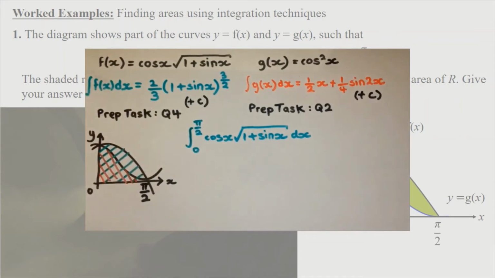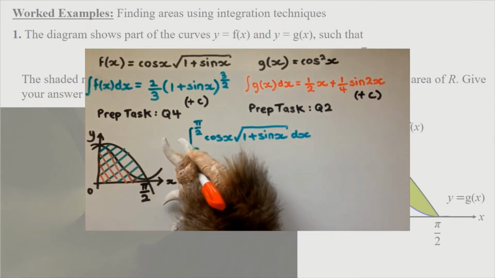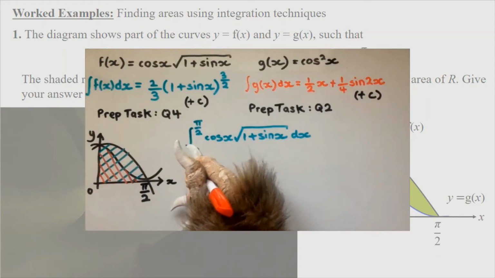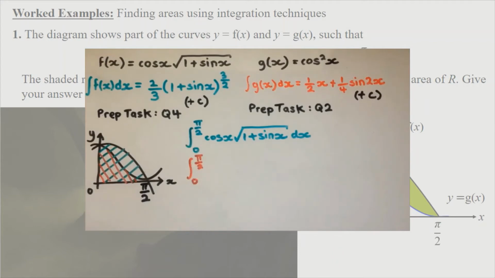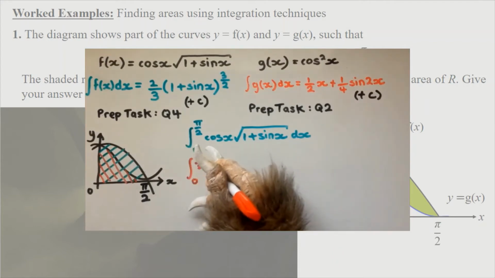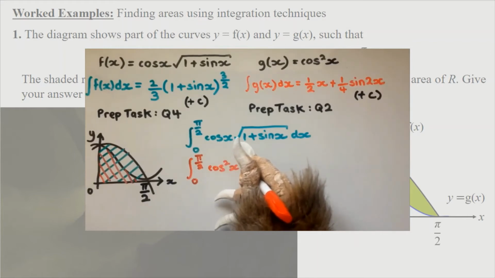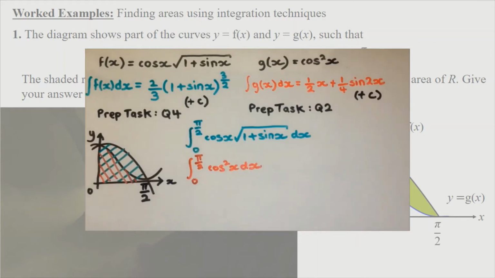And this area is going to be represented by this integral. So it's the integral from 0 to pi over 2 of cos squared x dx. Now then, we're going to apply our result from the proof that was stated earlier.